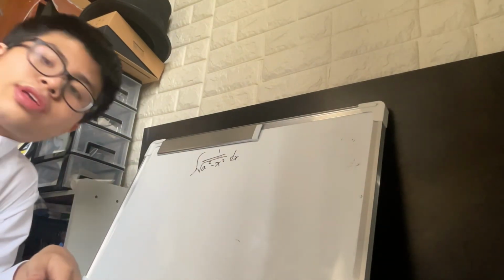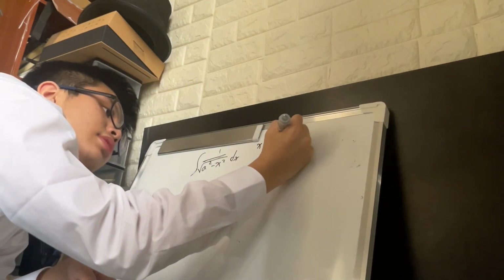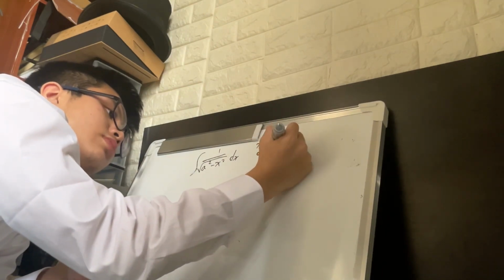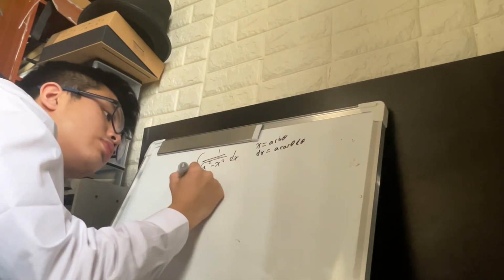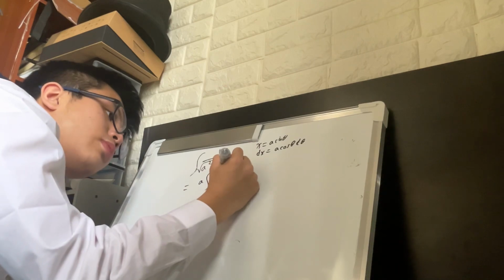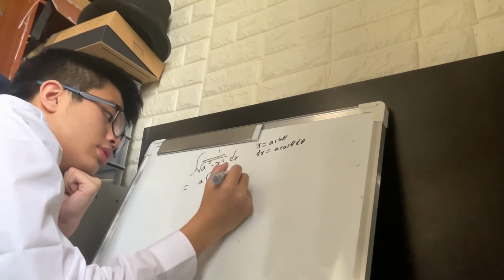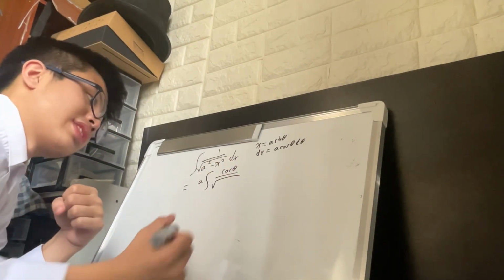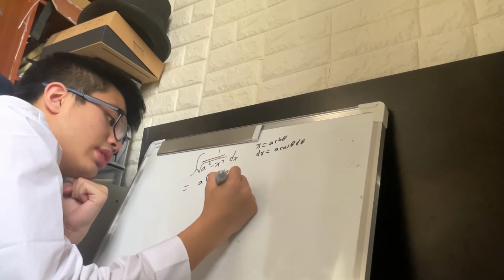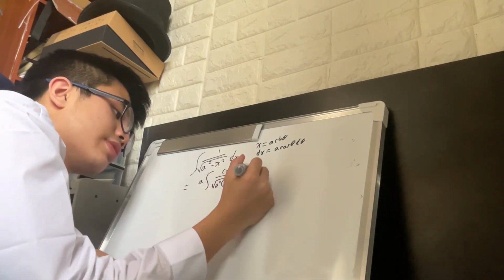Here we can use x equal to a sine theta, so dx is equal to a cosine theta d theta. So you get a times the integral of cosine theta over, and let me factor it out quickly, the square root of a squared times 1 minus sine squared theta, d theta.